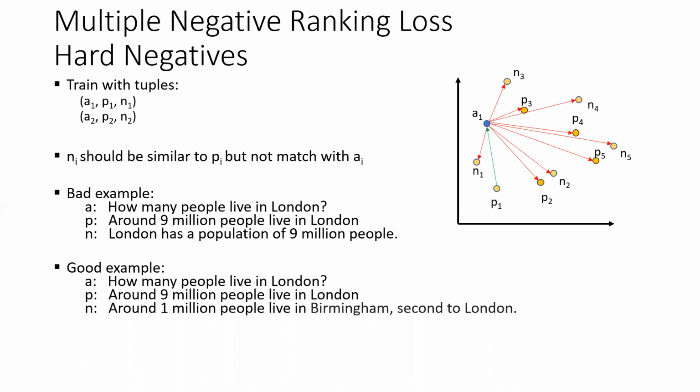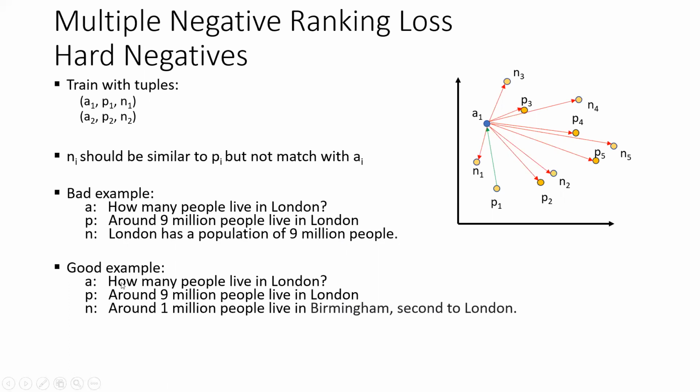If your triplets look like this, this will confuse the model, because it tries to put A and P close in vector space, but A and N far away, even though N is a completely fine answer to the question. So it's really important to have good hard negatives.